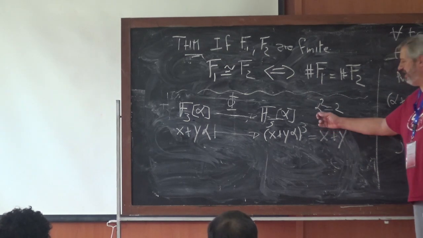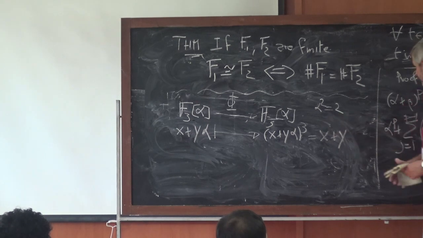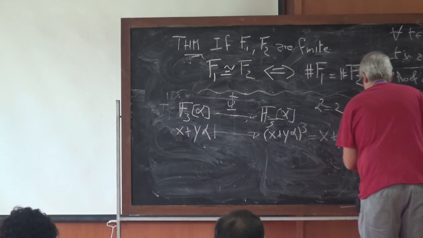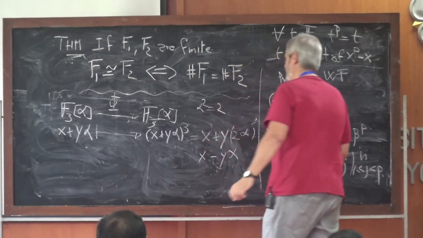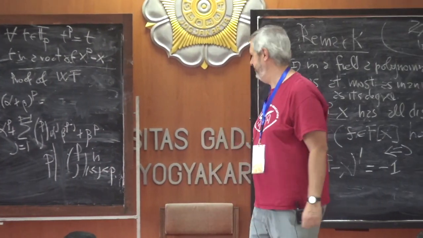But alpha cubed is alpha squared times alpha, and alpha squared is 2, right? So this is times 2 alpha, or if you want, this is x minus y alpha. So this is what the Frobenius looks like in this case.